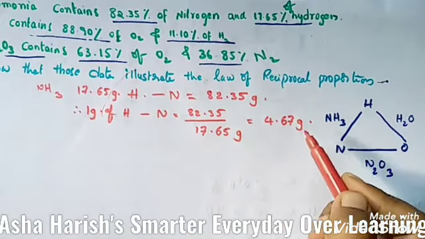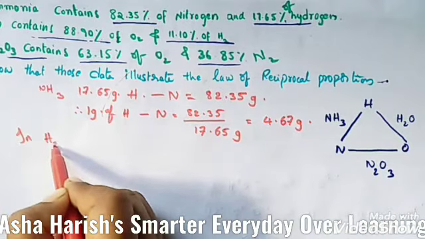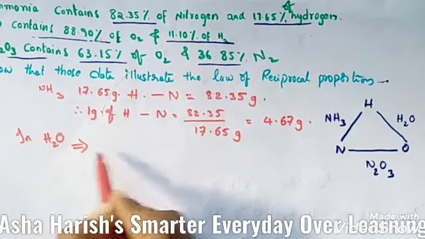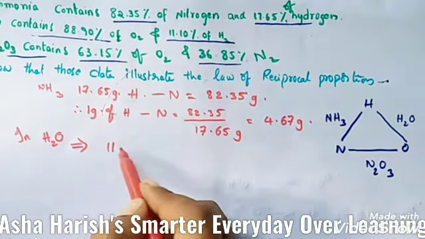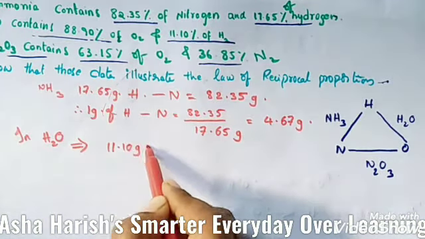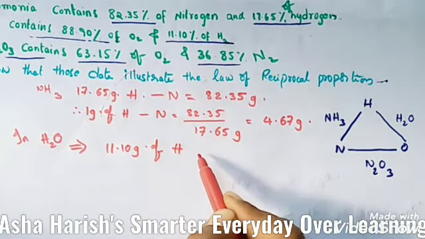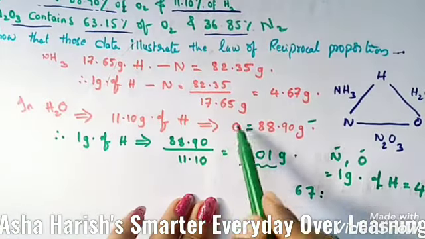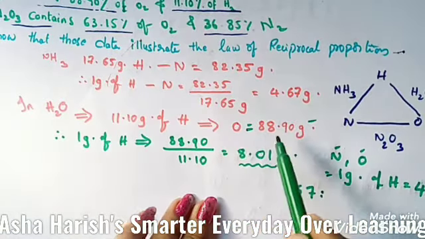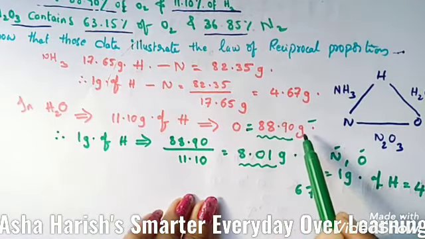Coming to the water molecule, in H2O, 11.10 grams of hydrogen combine with oxygen, the particular amount given in the question itself, 88.90 grams.